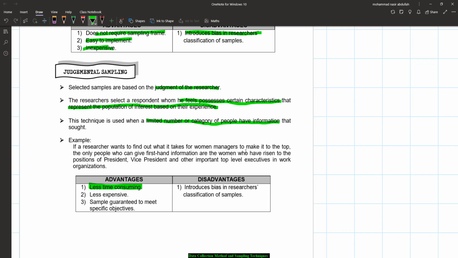Right, based on their experience, less expensive, a sample guaranteed to meet a specific objective. So again, the disadvantage is it introduces bias and will not represent the whole population. Right, it will lead to an incorrect or inaccurate conclusion towards the population.